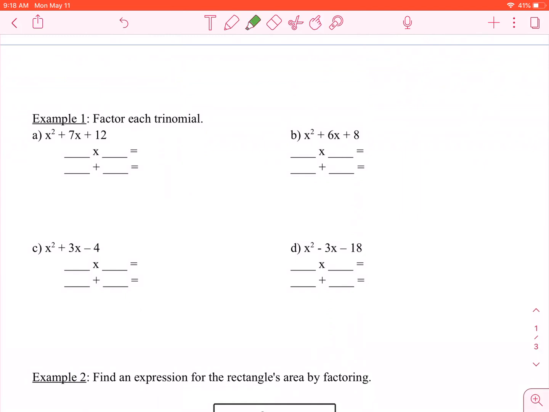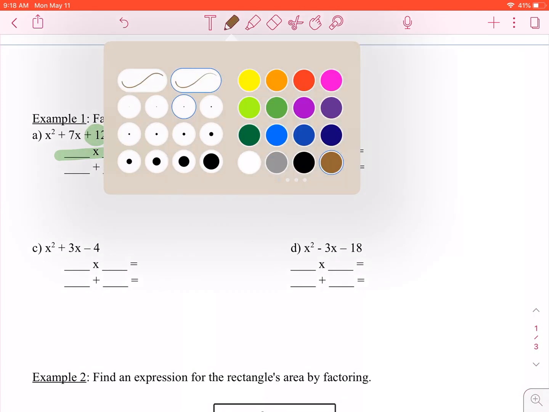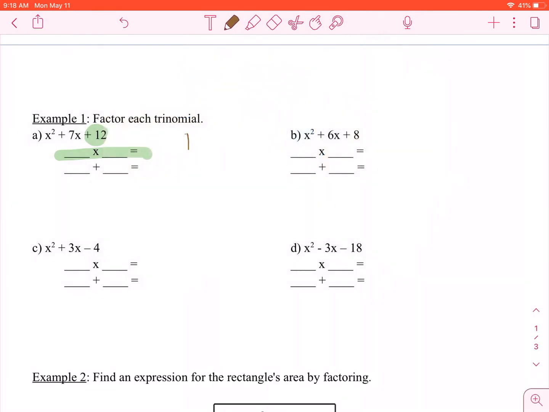Okay, so let's start here. So in terms of MAN, I need to figure out what multiplies to plus 12 and adds to, let's just take the coefficient 7, and trying to figure out what those numbers are.